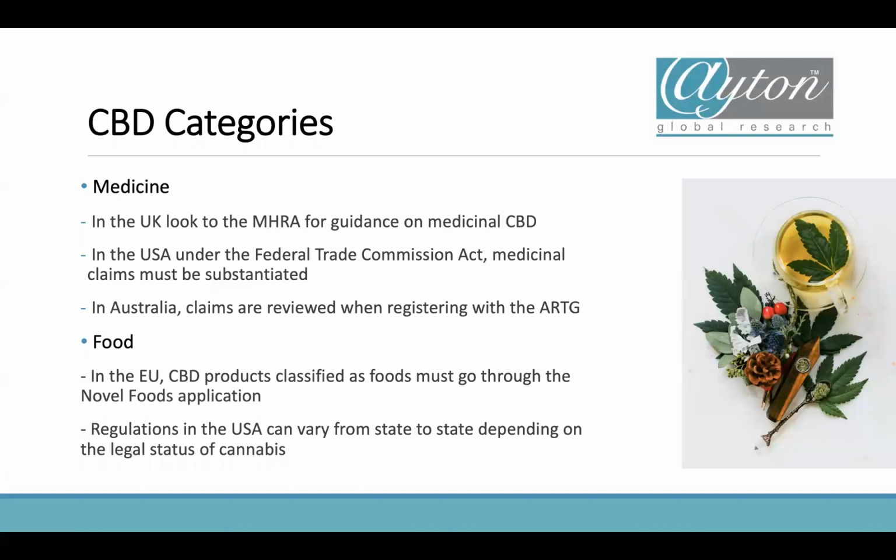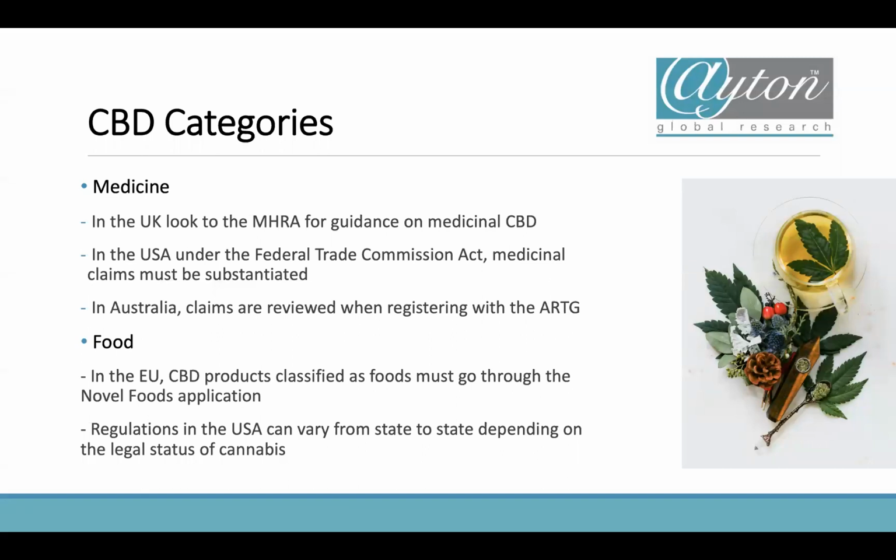Now I want to bring it back to CBD particularly. Let's start talking about what this presentation is about. The main thing with CBD is to know what category your product is if you're making claims. So the CAP, which are the copy advice team for the ASA, released this information the other day, and it's one of those things where we can't say what you can say or what you can't say about CBD until we know what product category it is, because the claims will always fit under the regulations of what that product category is.